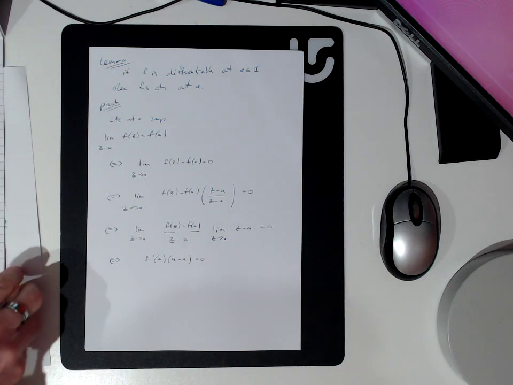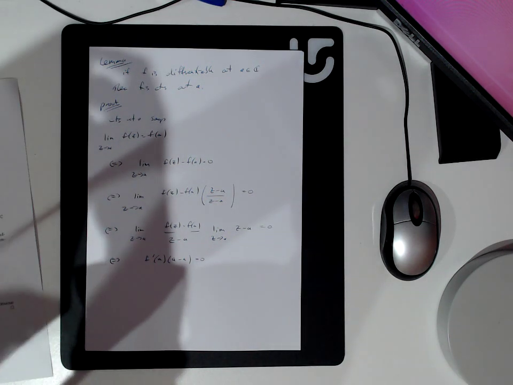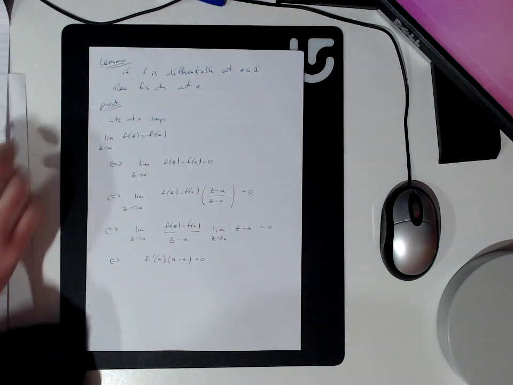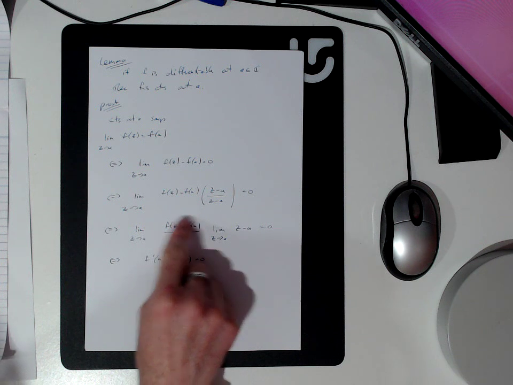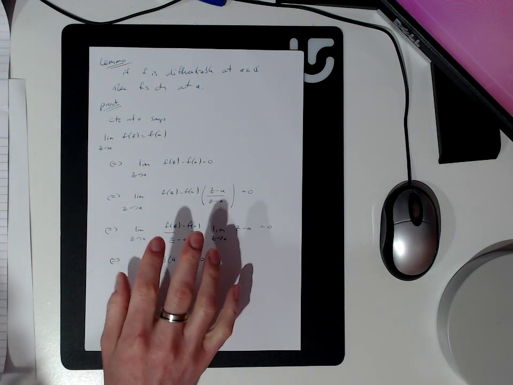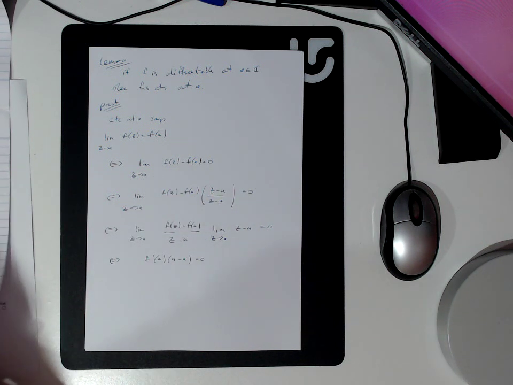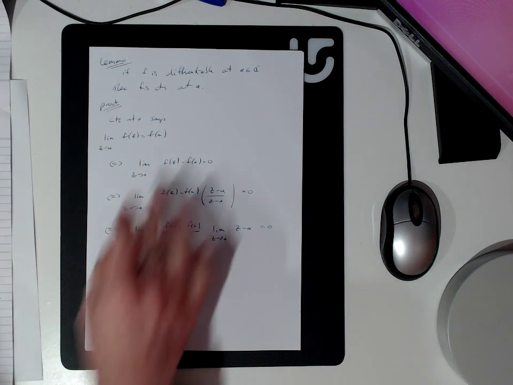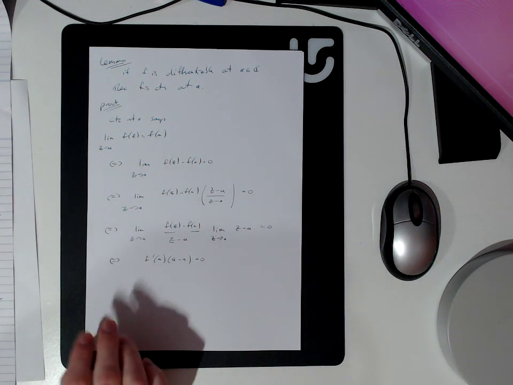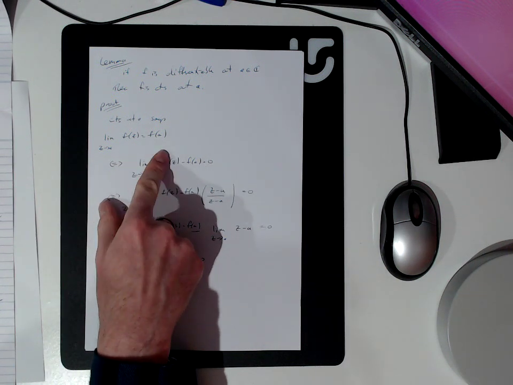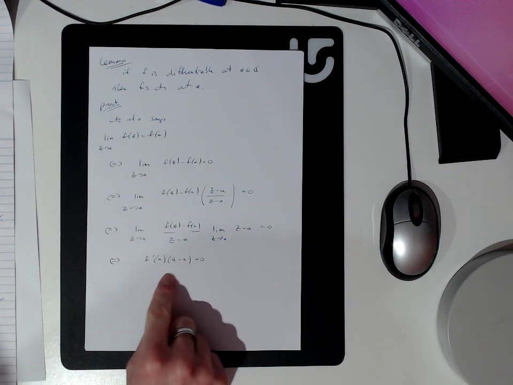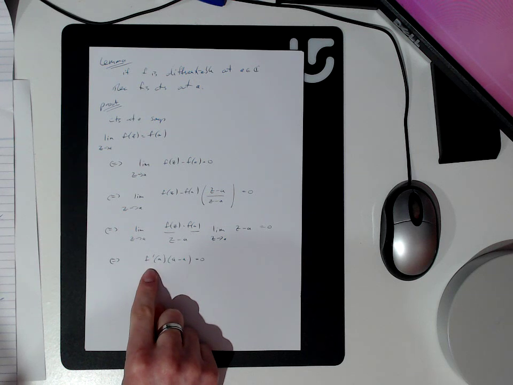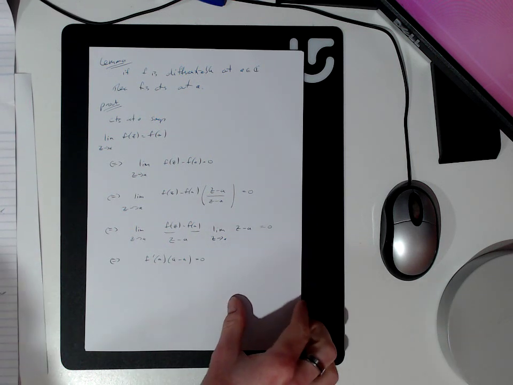Bingo. The proof assumes that this limit exists. So this is not an equivalence; continuity and differentiability are not the same. This is just a series of results saying that continuity can be derived from this expression if you assume that the derivative exists.